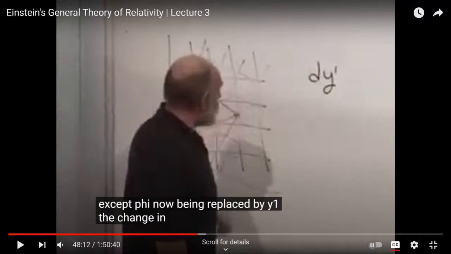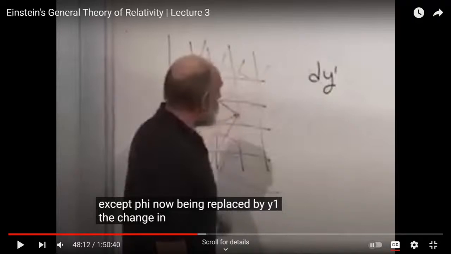So this is dy1, and it's relative to a change in x. So it's x1, x2, all the x's are being changed a little bit. dy1 is equal to d phi relative to dy1, but dy1 is relative to partial dy1 relative to partial dx1.